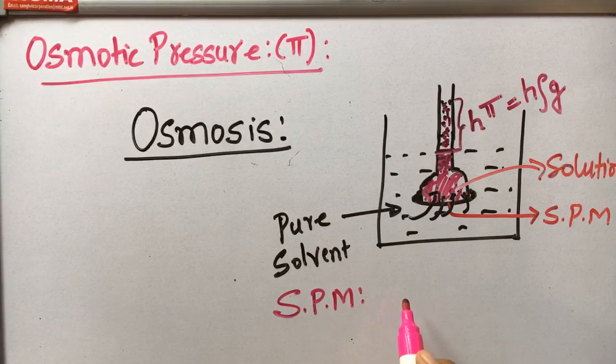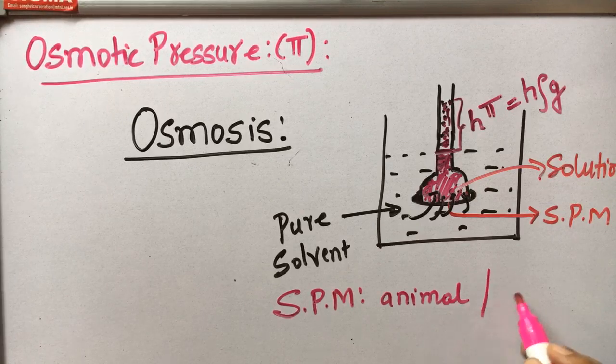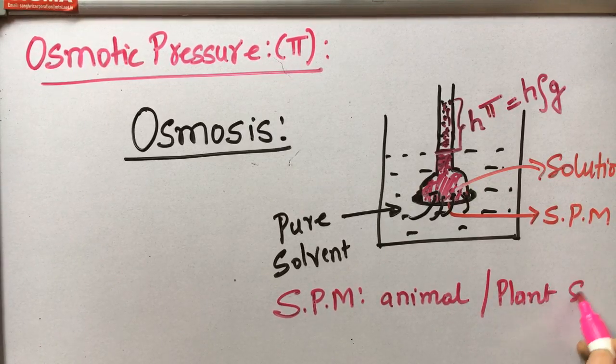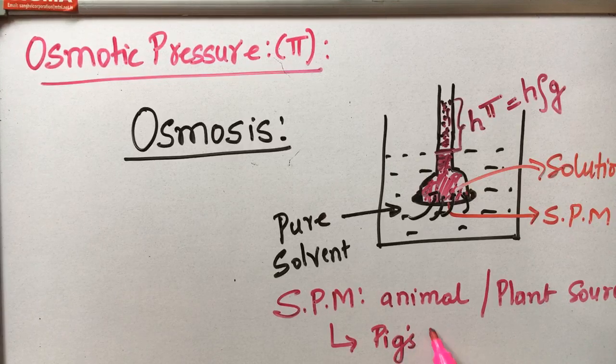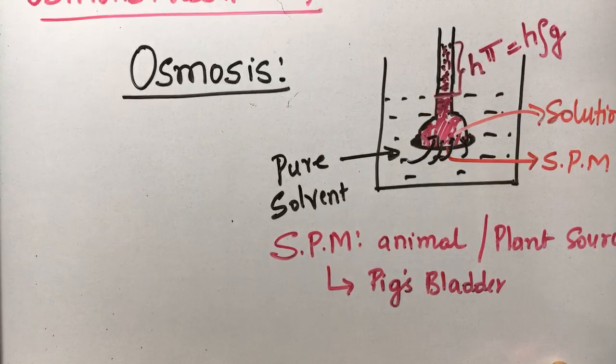Certain naturally occurring membranes are present, which may be from an animal source or from a plant source. Pig's bladder is an example for semi-permeable membrane. It can be asked. Pig's bladder is an example for semi-permeable membrane.